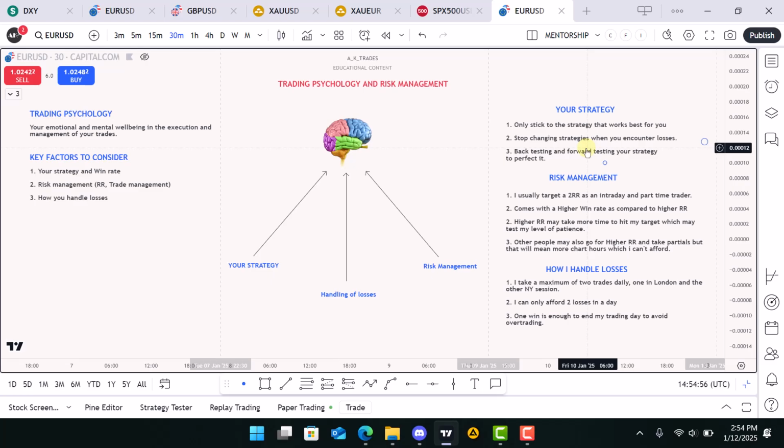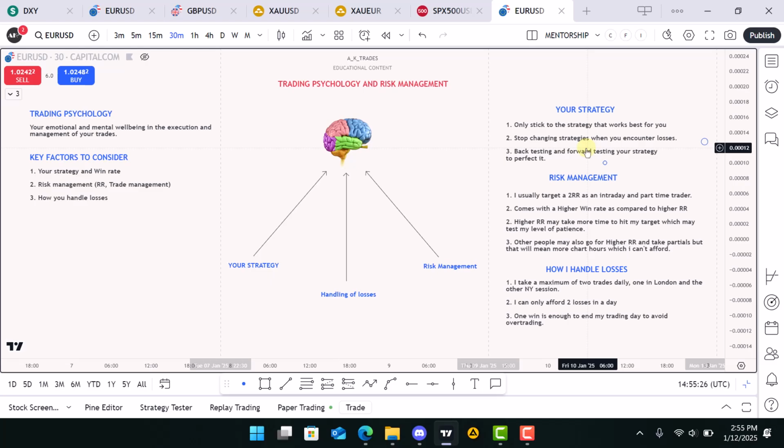Now, let's say I take a first trade in the London session and I lose that trade, I'll rather wait for the New York session, where the bias of the day becomes clearer. So when I execute in the New York session, I'm expecting that I'll be able to secure a 2RR to cover the loss I made and make an additional profit. Now, if that also doesn't go through, then that means I'm down for the day.